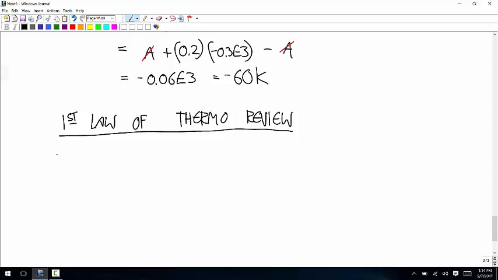So first, take a second and arrange the change in energy, Q and W, into the first law of thermodynamics.